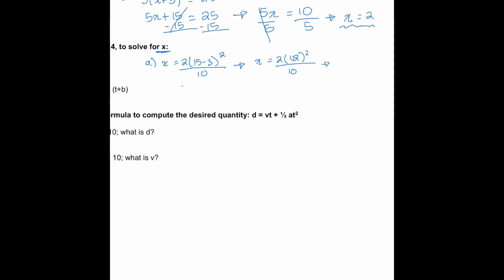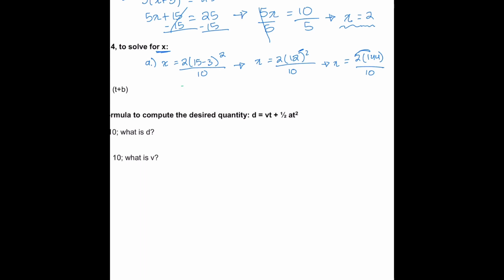PEMDAS, exponents. So it'd be x equals 2, 12 to the second power, 12 times 12, 144 over 10. Now you can multiply these two here.